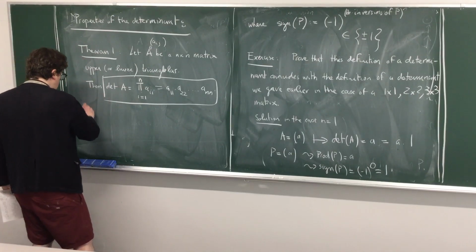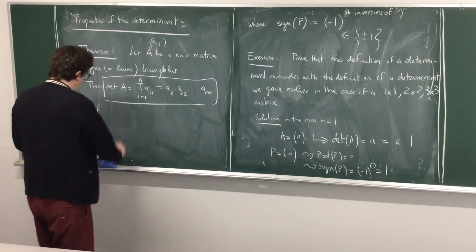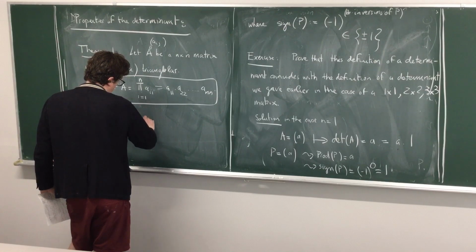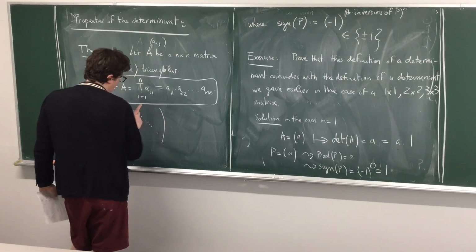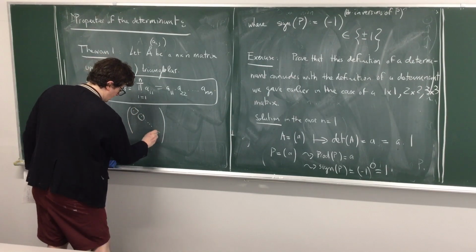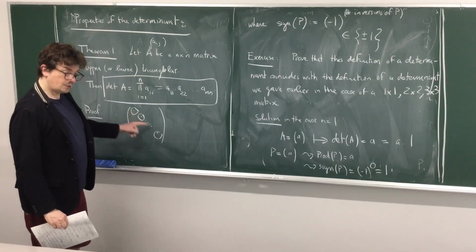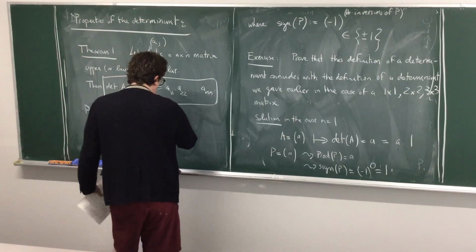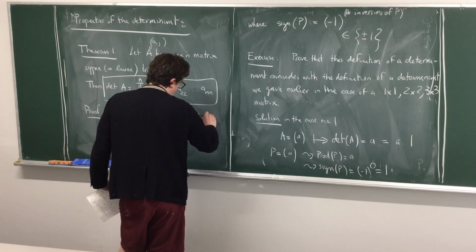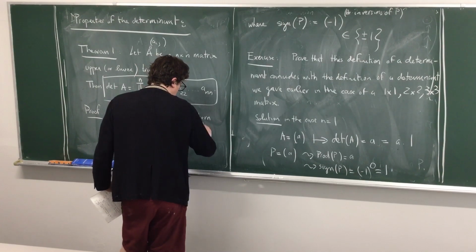Now, what is the proof of this property? Well, it all amounts to showing that if you have an n times n matrix, you will always have this: you take the pattern with only entries on the diagonal. This is always a pattern with, in fact, 0 inversions.